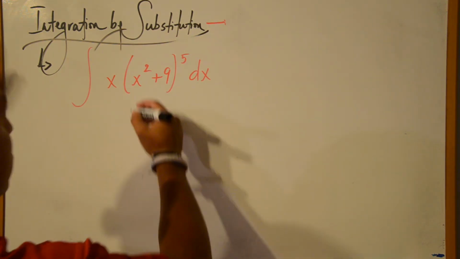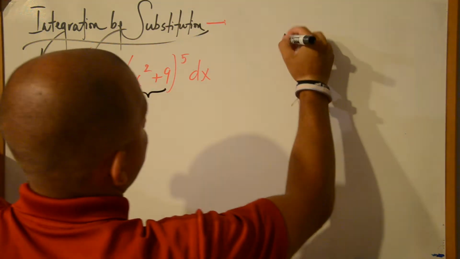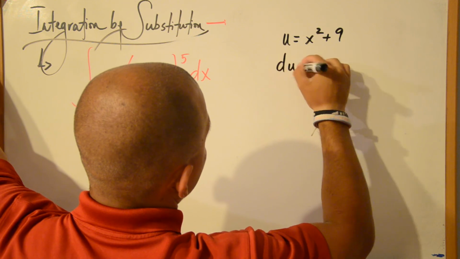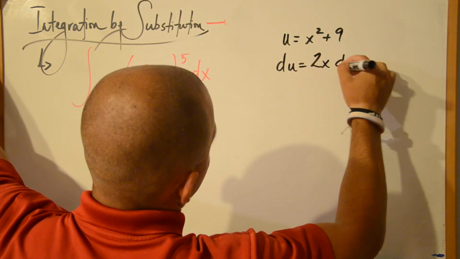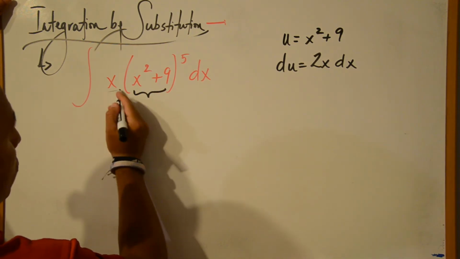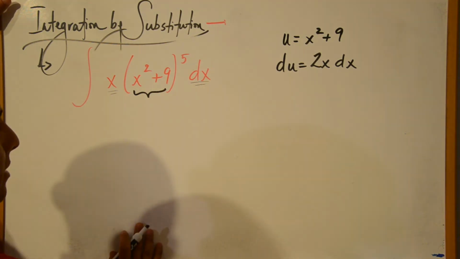We can choose x squared plus 9 to be u and du to equal 2x dx. However, we can see that all we have is an x dx.